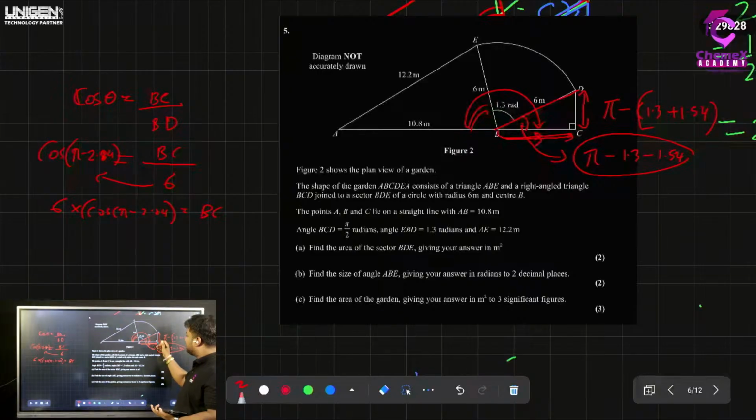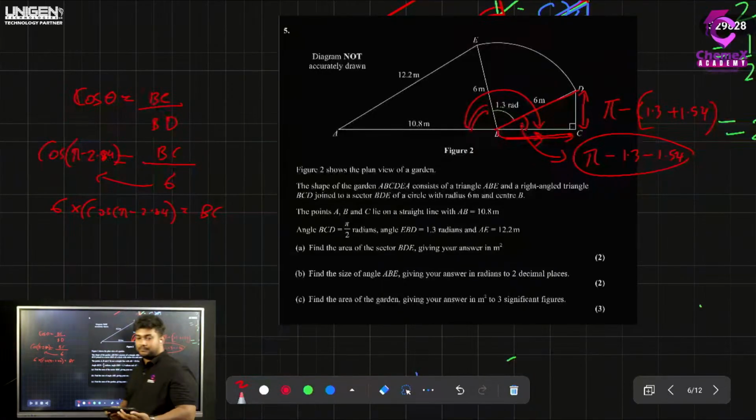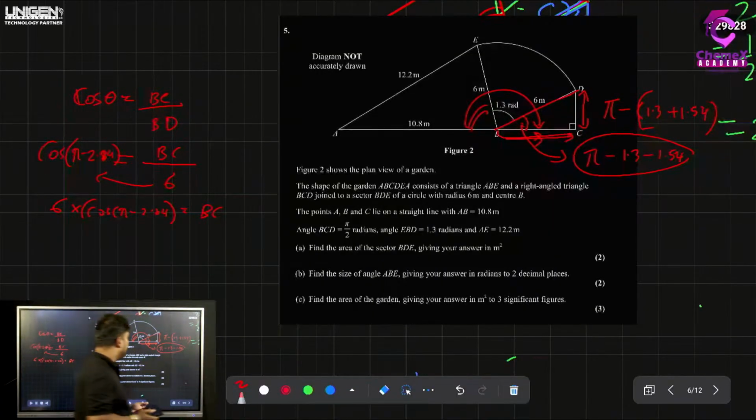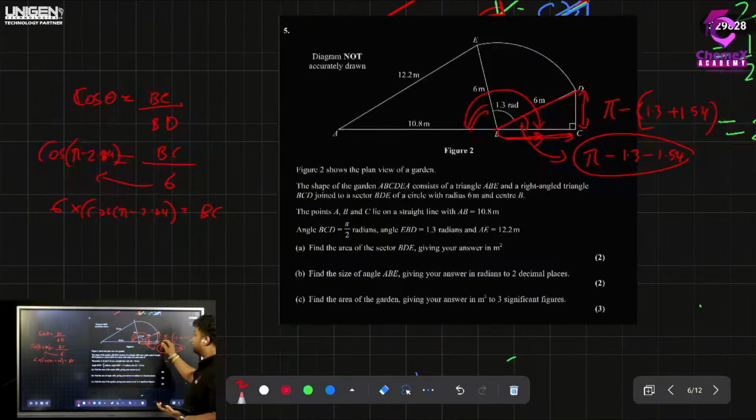So how do you get the area now? How to get the area? So don't we still need to find the height? Yes, you can find the height also in the same way. You are just using tan, right?